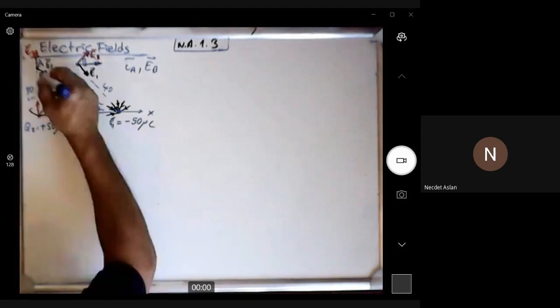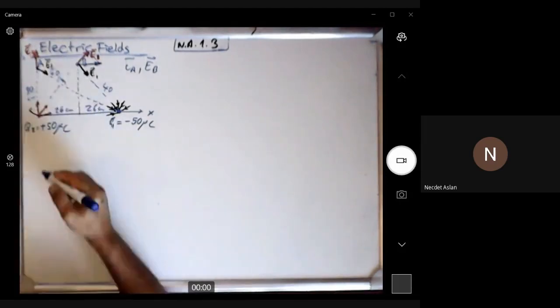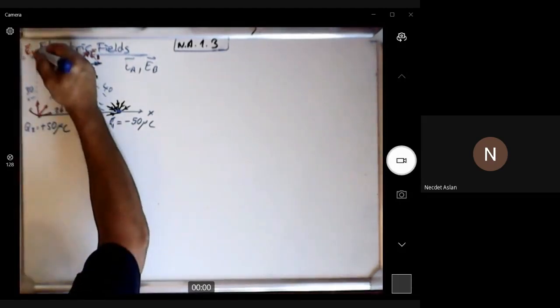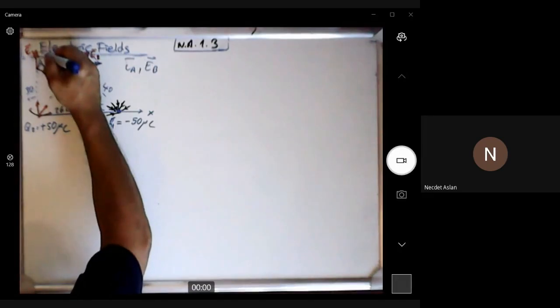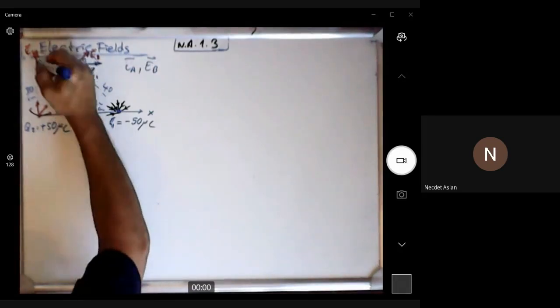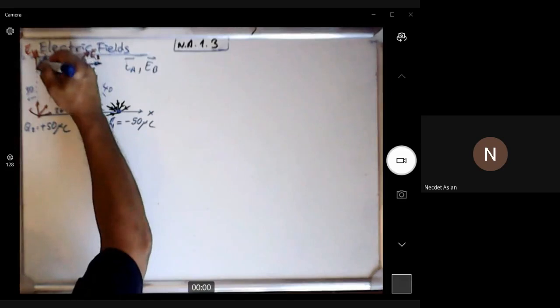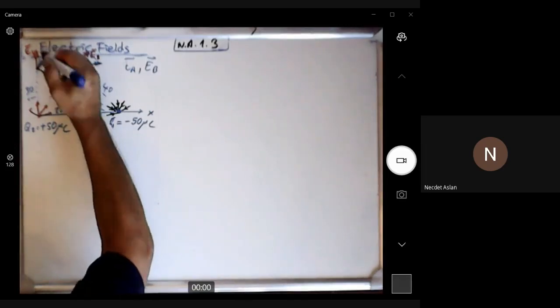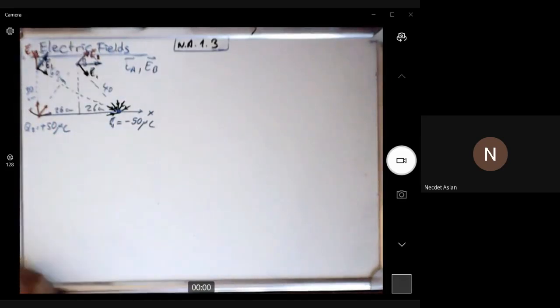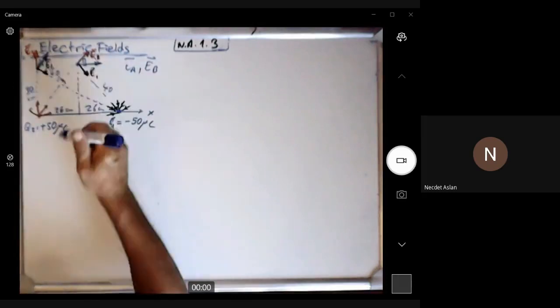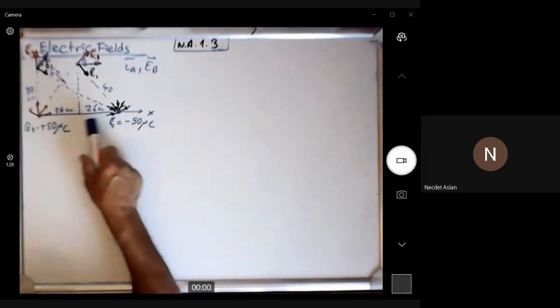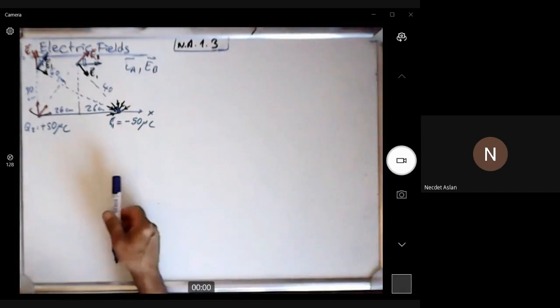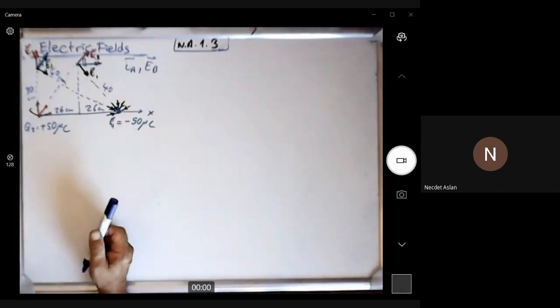So this is going to be totally in the x direction. What about this one? Again, because we have two vectors, we can just combine them like that, and then we will see that the resulting vector will look something like this. So these are the total electric fields at these two points. As you see, each electric field has two components because we have two charges. So we have to find out the electric field.